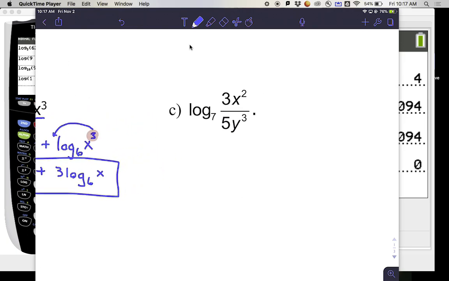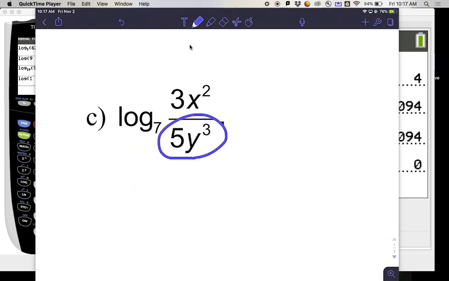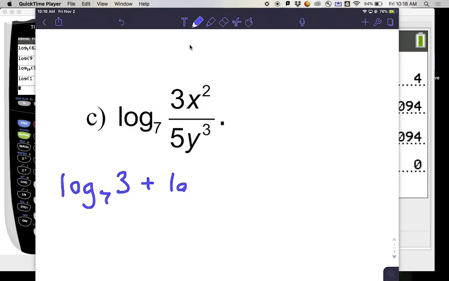Okay, now when you have a division one, that means you need to be subtracting all of this stuff. And here's how I approach it. I write this as log base 7 of 3, and then plus, and that's up there in the numerator as well, log base 7 of x squared, and then you're going to go minus log base 7 of 5.